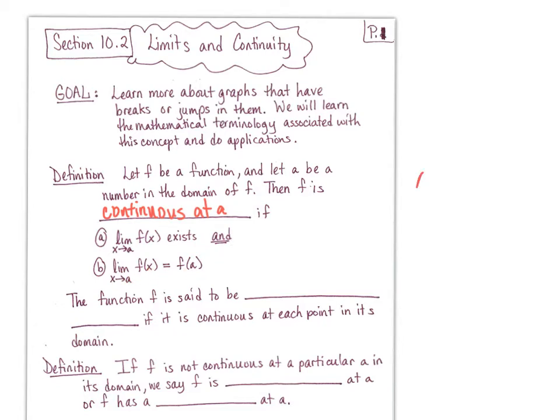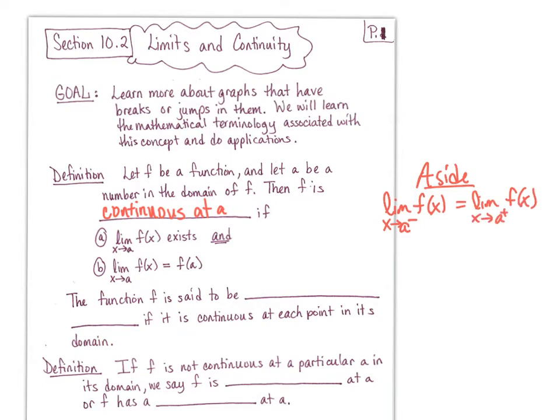Just an aside, remember that the limit of f(x) exists as x approaches a if the limit of f(x) as x approaches a from the left is equal to the limit of f(x) as x approaches a from the right.